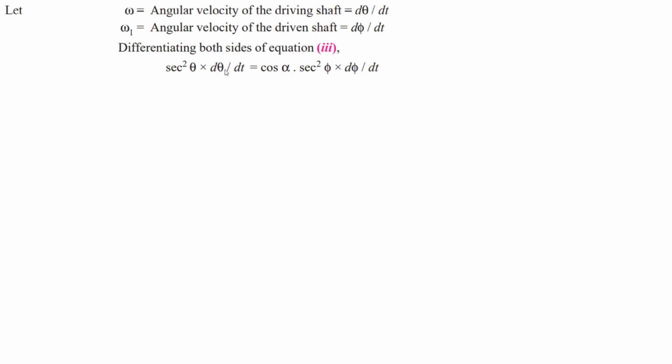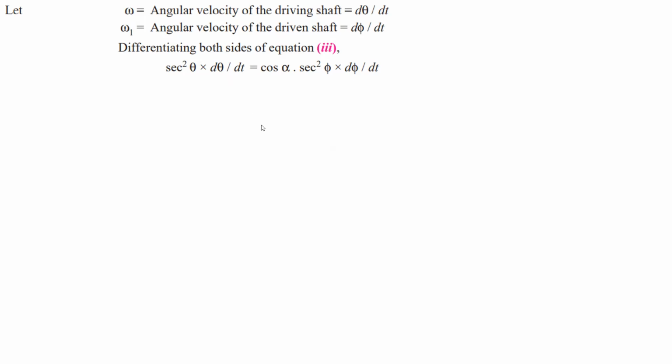So we again differentiate theta with respect to time and get this term d theta upon dt. Similarly here, cos alpha into sec square phi into d phi upon dt. So in place of d phi upon dt you can keep omega 1, and in place of d theta upon dt you can place omega.